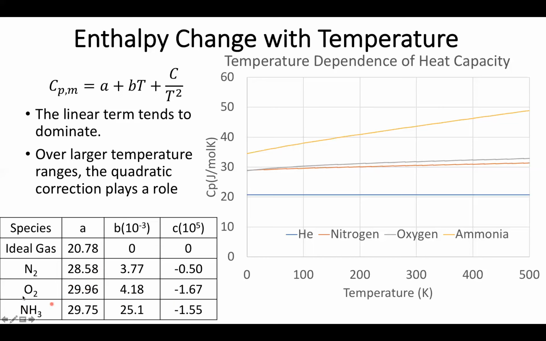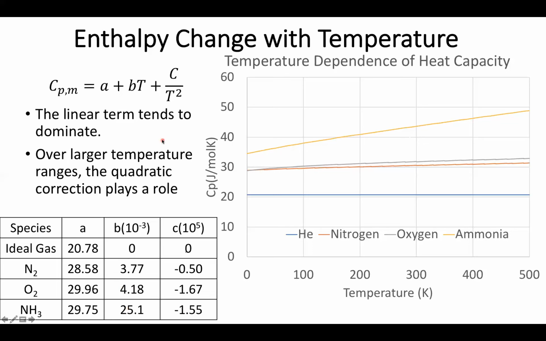Now, ammonia, with its ability to make hydrogen bonds, is going to have both a higher base heat capacity, because I have to break these hydrogen bonds to make it move, and a higher linear correction and second order correction due to the fact that I have to break these sort of motions.